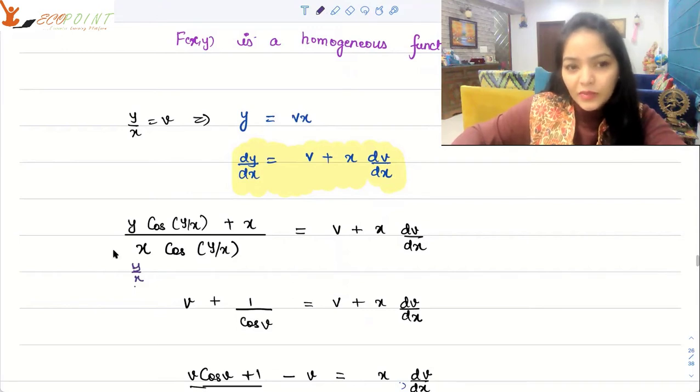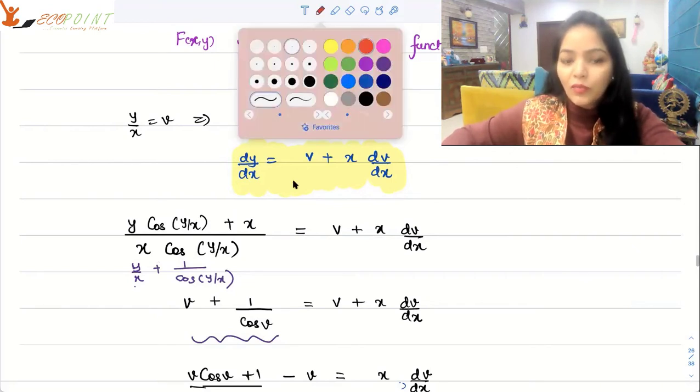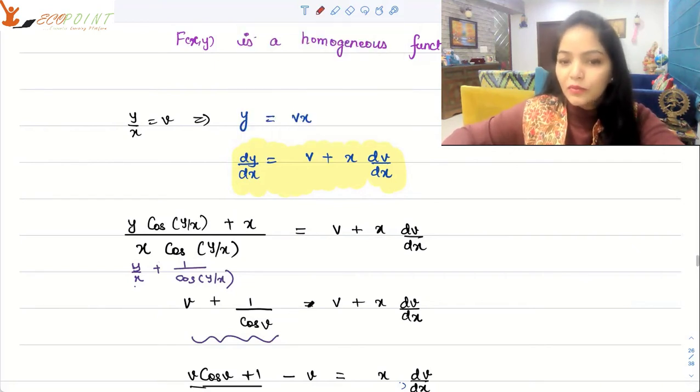You can divide: you get y/x, cos(y/x) cancels, and x cancels, and you get 1 upon cos(y/x). y/x is v, so you get this expression: v plus 1 upon cos v equals v plus x dv/dx.